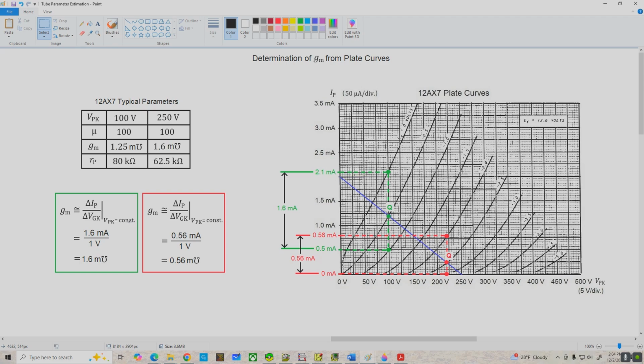So if I were turning this in for a grade, for example, I would, for my green Q point, enter VPK equals 100 volts, and for the red Q point, VPK is 220 volts. So I would make these substitutions, but in this case it really doesn't matter. So let's go on over to the next page and we'll calculate our dynamic plate resistance for these two Q points.